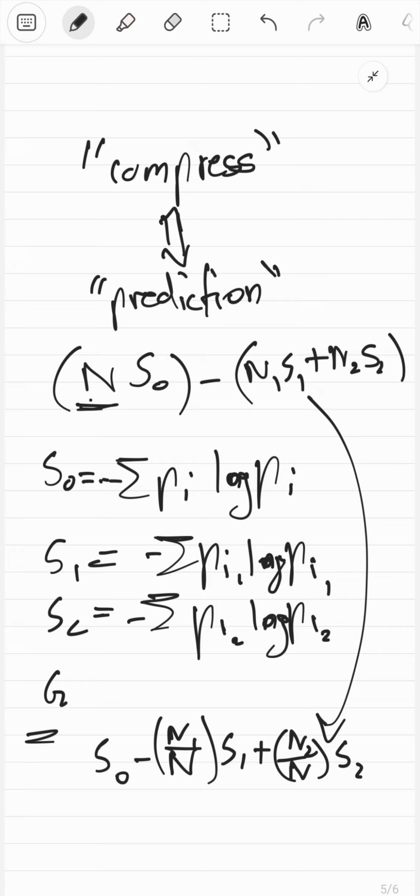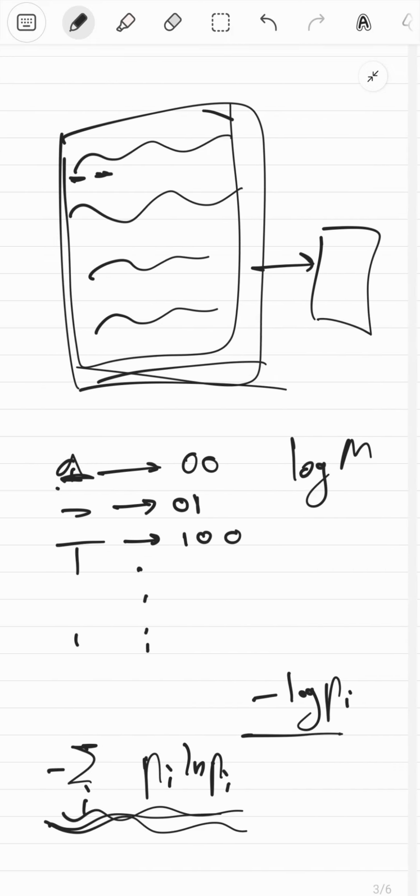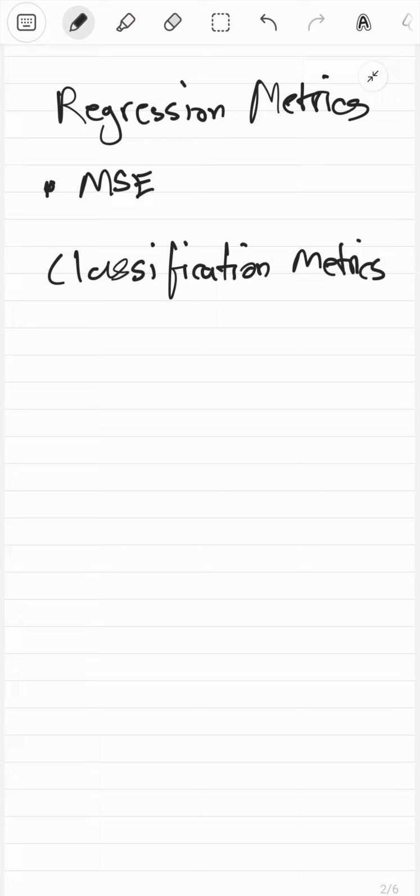You'll get an understanding of this once we get to decision trees. So for classification metrics, we just use information gain. Entropy is obviously something you can use.